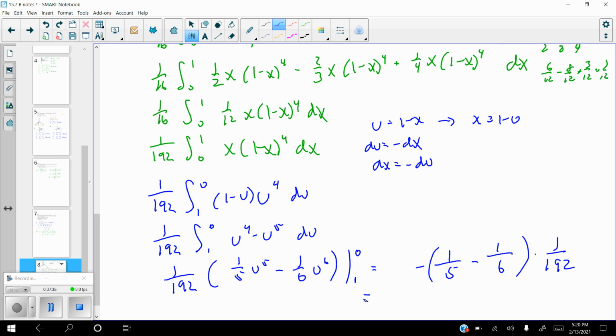So a fifth is going to be 6/30 minus 5/30. So it's 1/30. So negative of a negative 1/30 is going to be 1 over 30 times 1 over 192, which is going to work out to be 1 over 5,760, I believe.